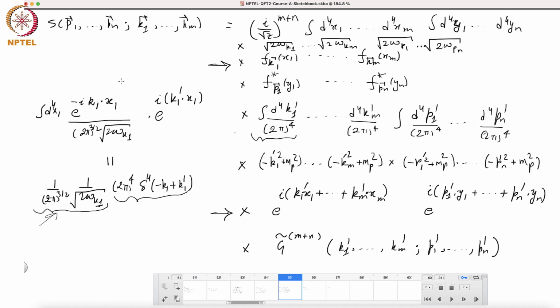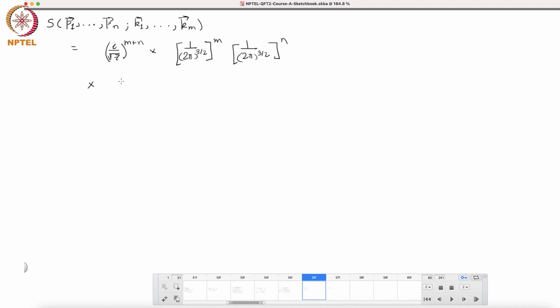Minus k1 square plus mp square, times other terms, and the last factor is km square plus mp square.